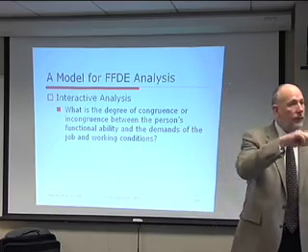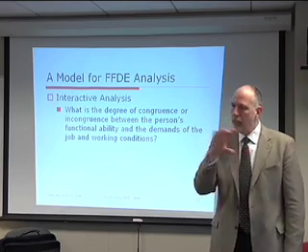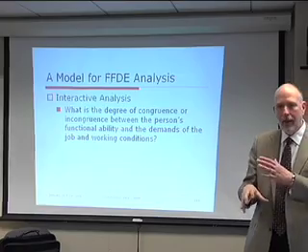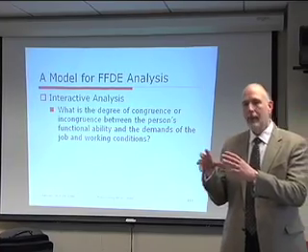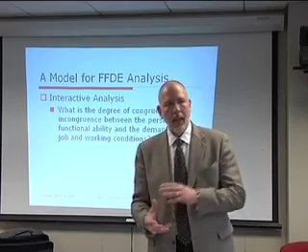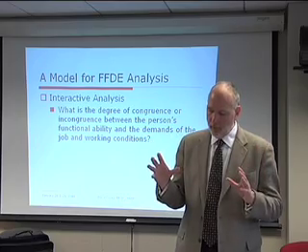I previously put in the contextual analysis because that's Grisso's model, and I think that's an important step to be able to get to the interactive process. You really can't evaluate the interaction between the demands of the job and the condition without first having evaluated the context in which it takes place.